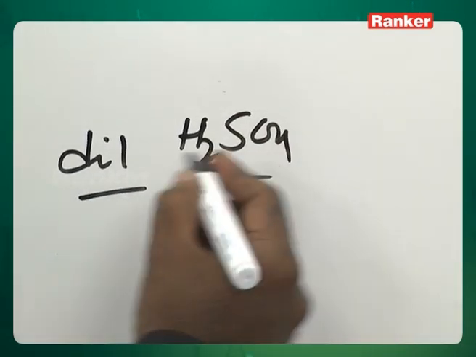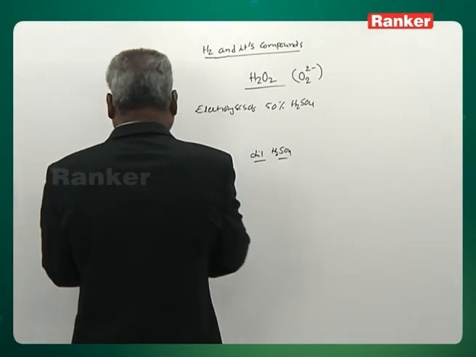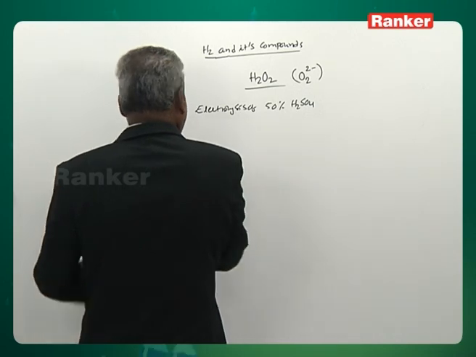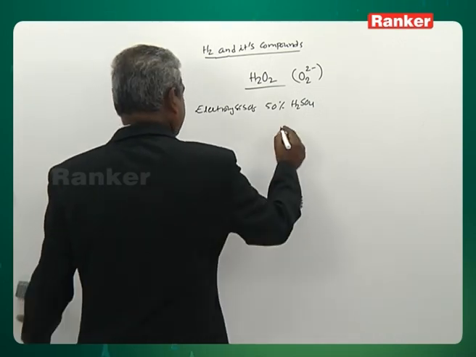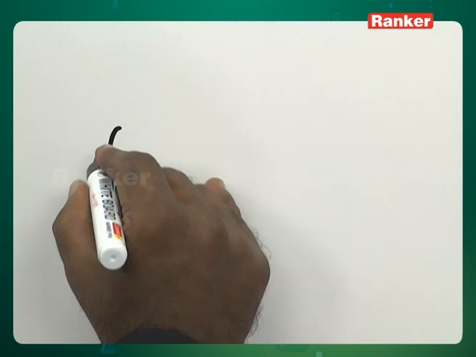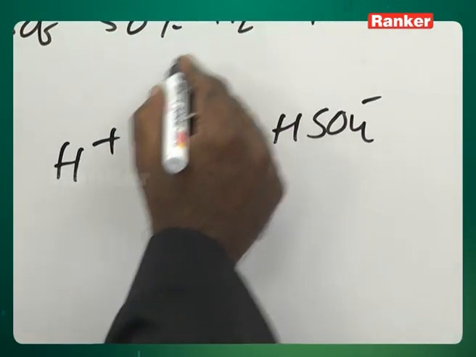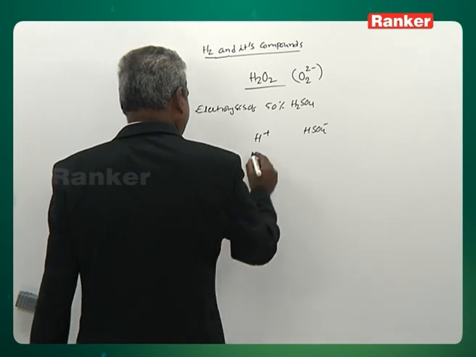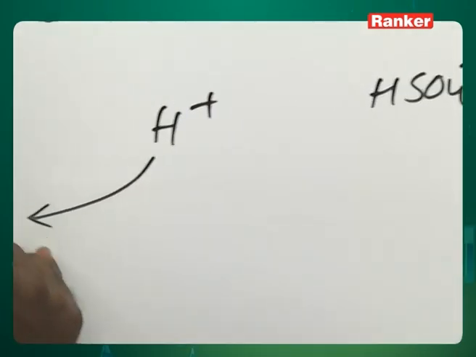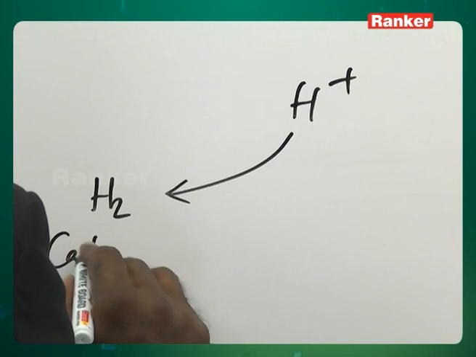Some water is added. So 50% H2SO4 will undergo partial ionization. It produces H plus and HSO4 minus ions. H plus ions are liberated at the cathode. You get H2 at the cathode.